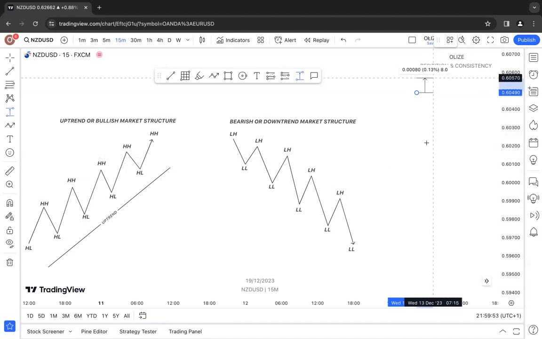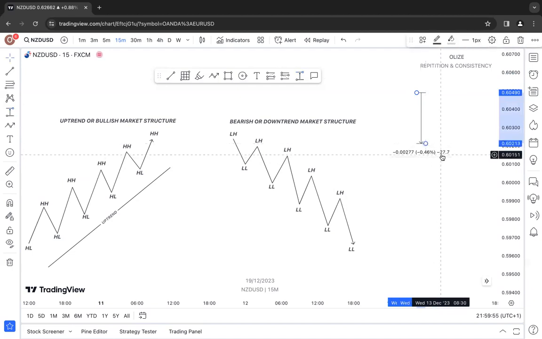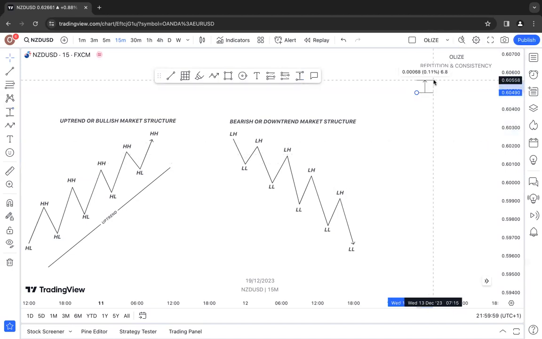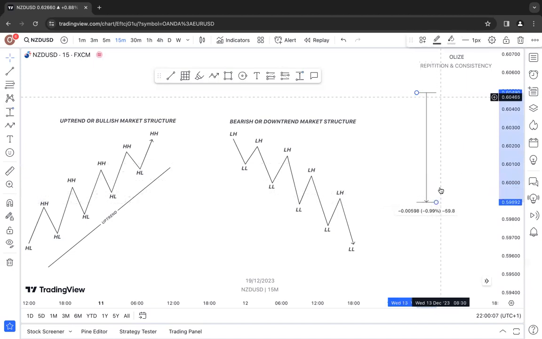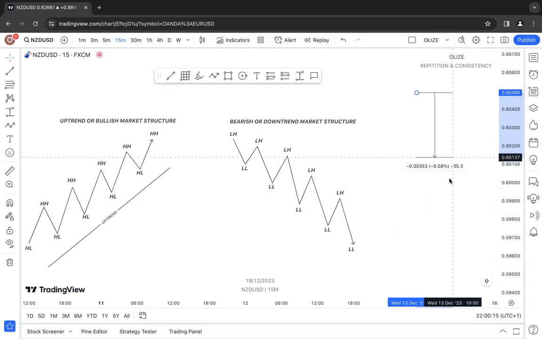You make use of this either to the upside or downside. You can see here it's showing me 27.7 pips. If I take it up, I'm seeing 6.8 pips. It's just to calculate a price range from your highest and lowest point. So that's just what this is about, letting you know your pips.